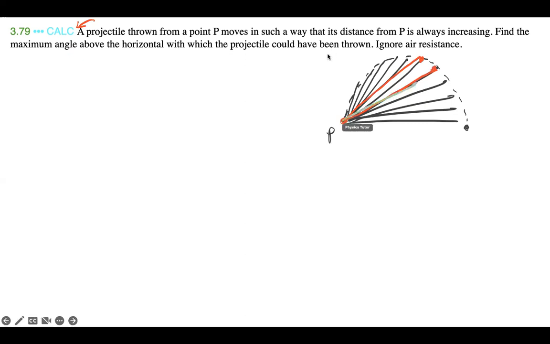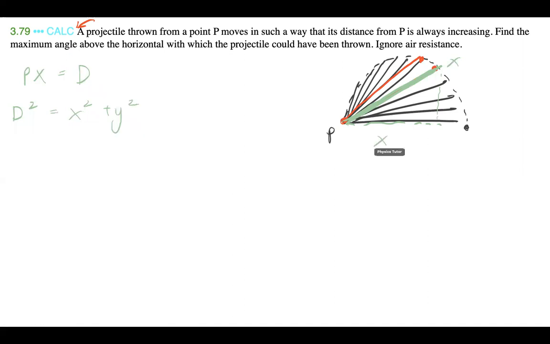So we can do this. For example, if we have this green line right over here, we know that this distance, P to this point, so let's just call this like X, right? So let's say that the distance from P to X is D, right? And we know that D squared is equal to X squared plus Y squared.